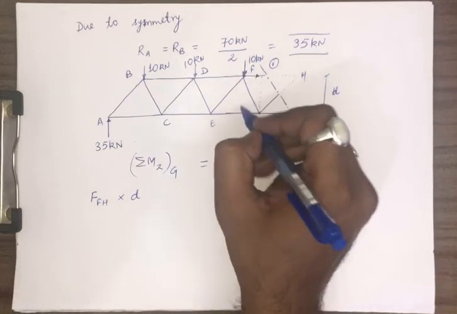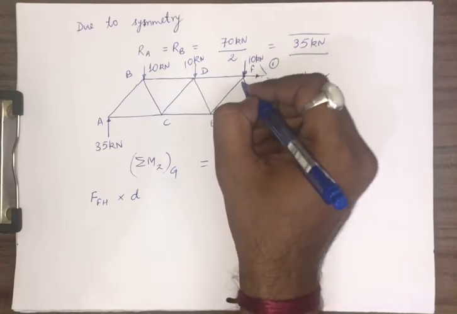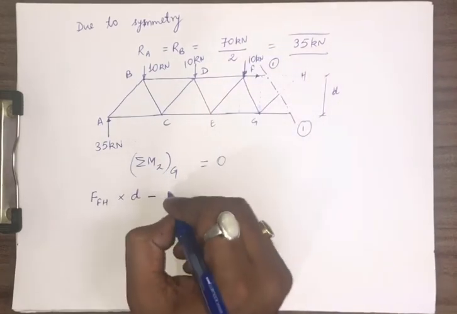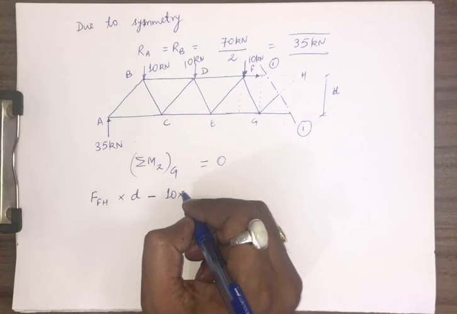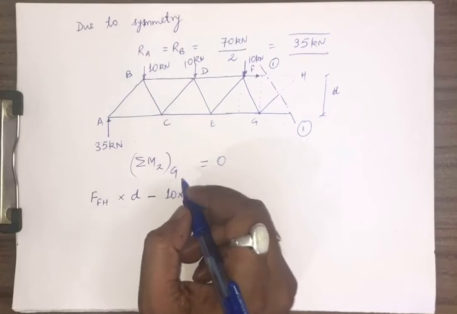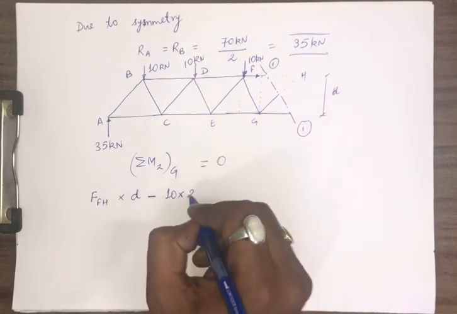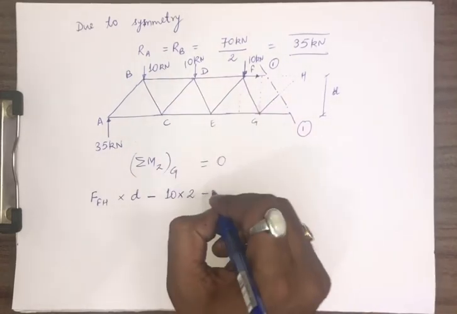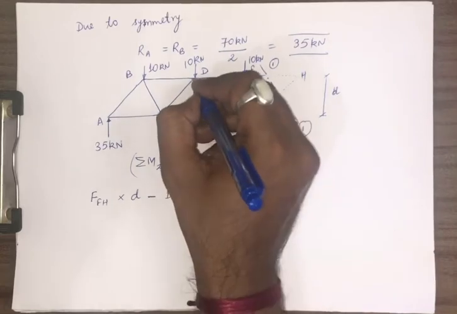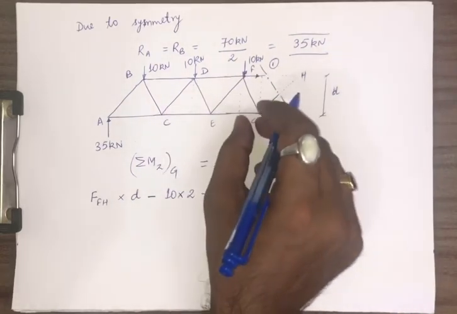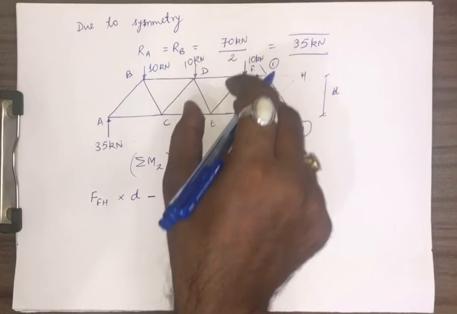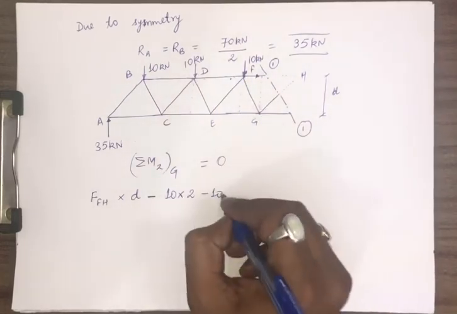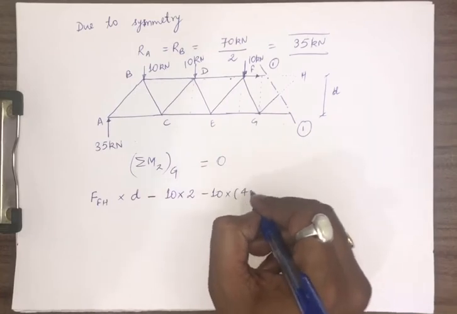Now this force is here and the point is here, so this will be minus 10 into how much, 2. Clear? This is also minus, so 10 into, this is 2, this is 4, so this complete side is 4 and this distance is 2, so 4 plus 2.